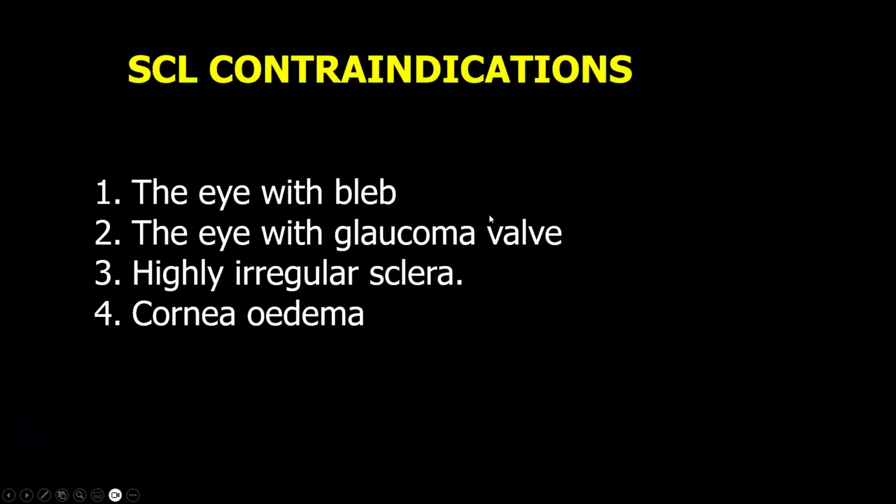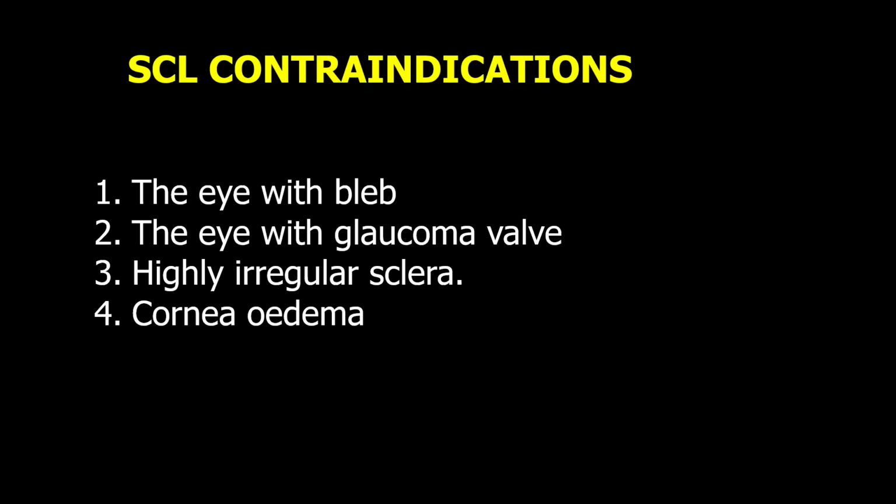I'll quickly move on. Now, are there conditions where scleral contact lenses are contraindicated, where you may not suggest them to a patient? That's where, of course, you have to do a thorough examination before you finally recommend or prescribe this. Now, in the case of a bleb, remember when you do the trabeculectomy, the common glaucoma surgery, you leave a spot where drainage will go.